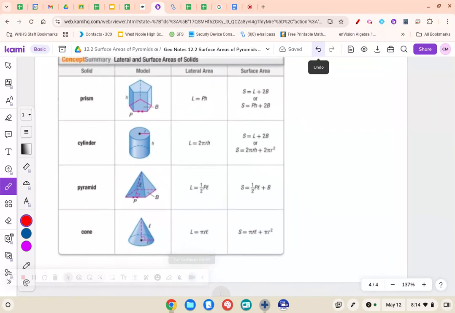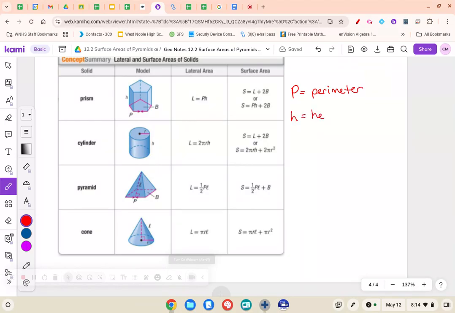All right, this is a table with all of the formulas that we've learned so far. These are things that I would add to your cover paper. I'm also going to write some things down here to help you remember what the letters mean. So, P is perimeter.